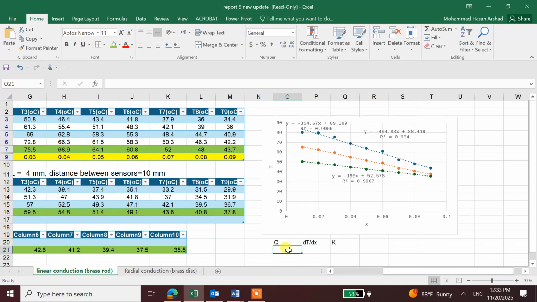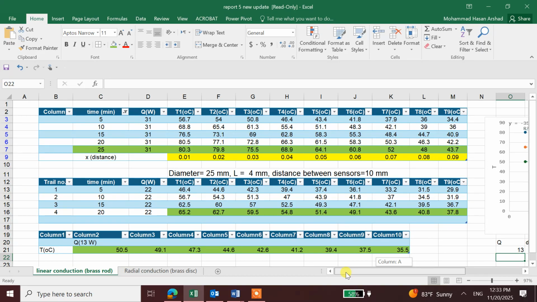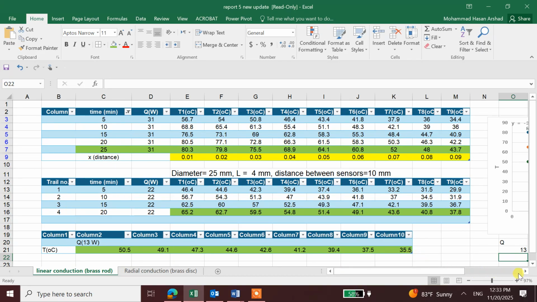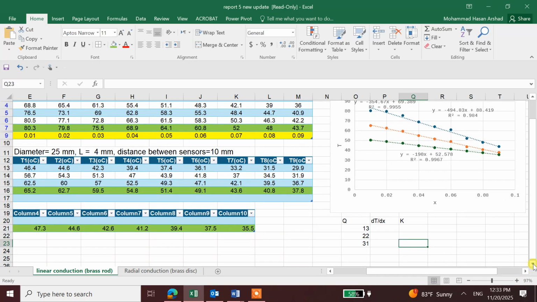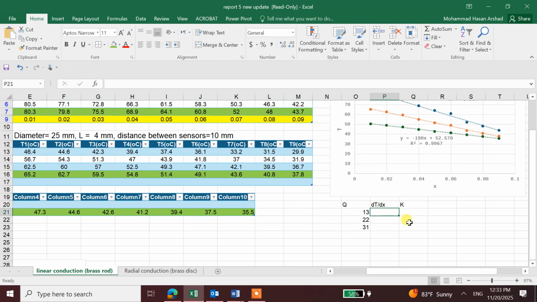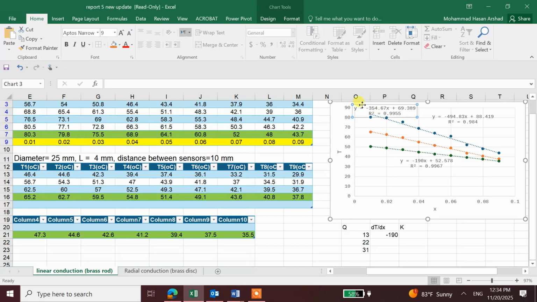Q one is 13, and the next ones are 22 and 31. Okay, and now the slope, the dT/dx for 13 is minus 190. Okay, the second one is, this is the second one.